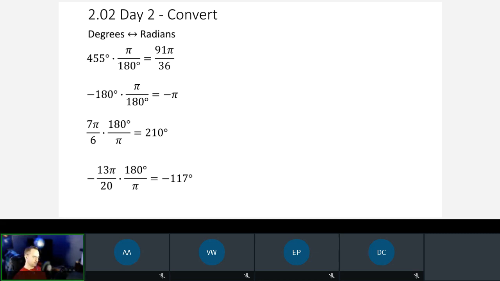So this, in my opinion, is freebie problems on your test, converting from one to the other. This is fundamental for this semester. And if you guys can't do these problems on this page, you are in a world of hurt this semester.